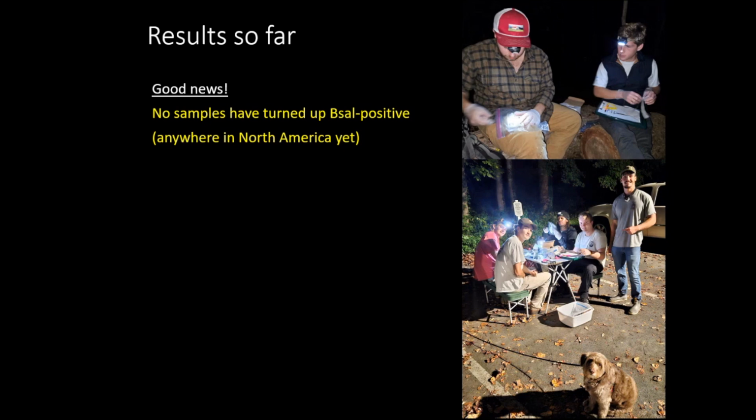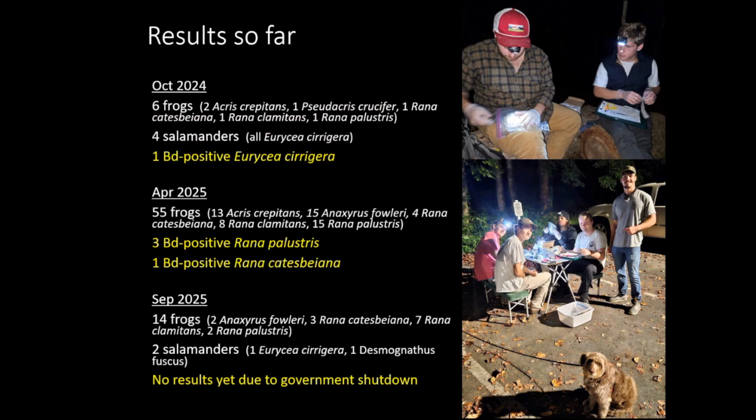As far as BD, we had seen it before on campus, and as have people in other areas regionally. But these are our results so far with respect to BD. And I apologize for having a lot of Latin names up there. I was trying to make room for everything on my slide. But we had one BD positive southern two-line salamander.